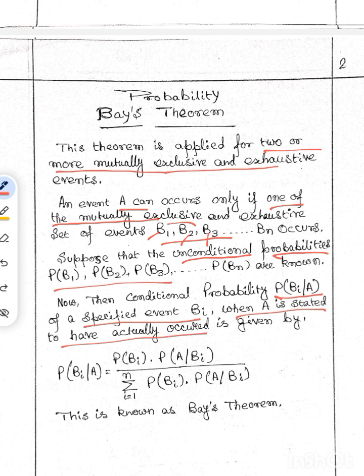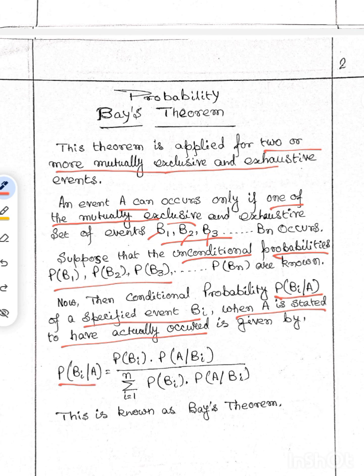A has occurred means, as per our example, the white ball is drawn, but it is coming from a specified event Bi. Therefore, the probability P(Bi|A).